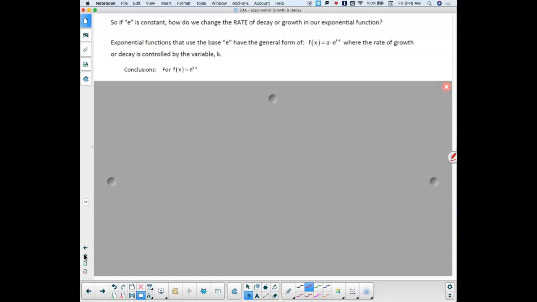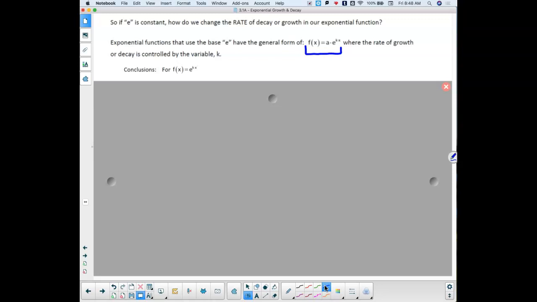So exponential functions that have base e have the general form of f of x equals a times e to the kx power, where the rate of growth or decay is controlled by the variable k.